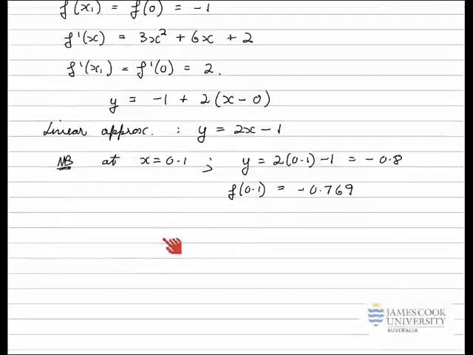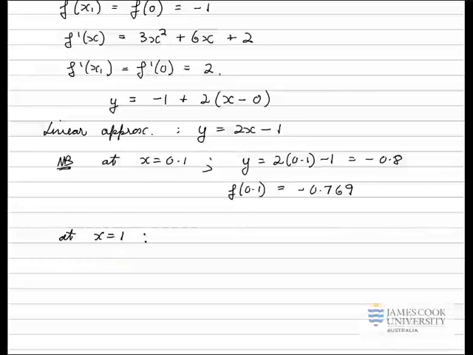If we move further away from our central point, so just as another note, at a point, say, x equals 1, substituting that into both the linear approximation and the function, the linear approximation gives us a value y equals 1. The function evaluated at that point 1 gives us an answer of 5. You should check that, make sure you get the same answer.